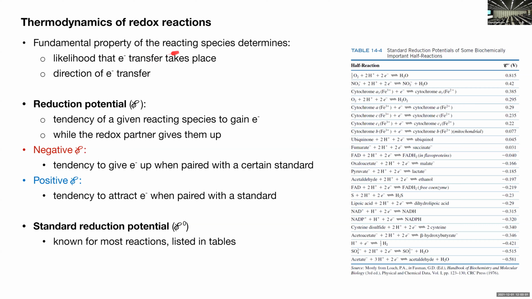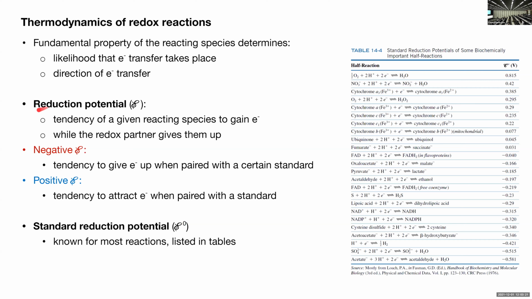And also, you can determine the direction of the electron transfer, because one of those two coupled reactions should have more propensity to be reduced, and the other should be more likely to be oxidized, and they should be coupled to pass on the electrons.